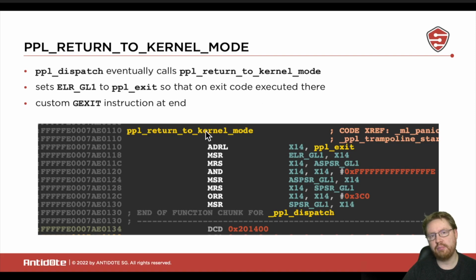Because at some point we need to exit GL1 and go back to the exception level 1. And when you look at what's going on here, you will see that the first thing that happens is that the exception link register for GL1 is written with ppl exit. And then when the gexit opcode is executed down here, the execution will actually continue in ppl exit in EL1.